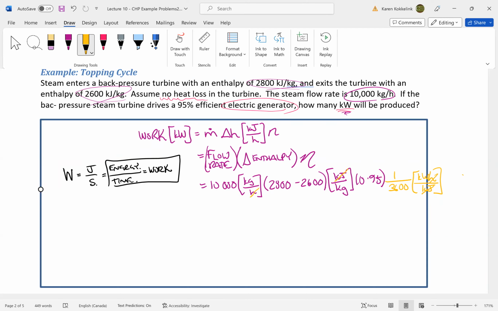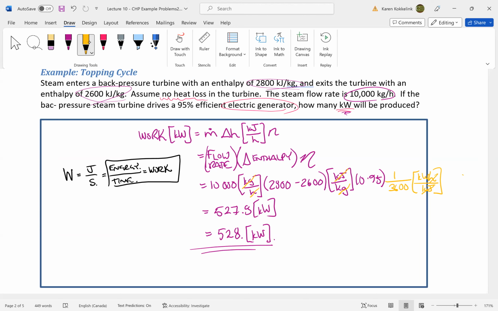And I would be left with, oh, here's my kilograms gone, my kilowatts. And if I were to solve that, I would get 527.8 kilowatts. And that would be 528 kilowatts with our significant digits of work that would go through this turbine.